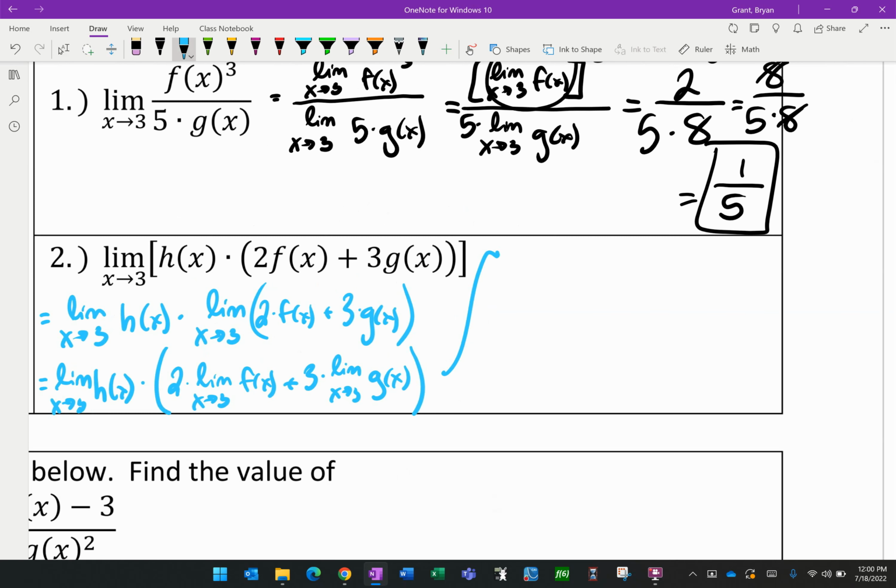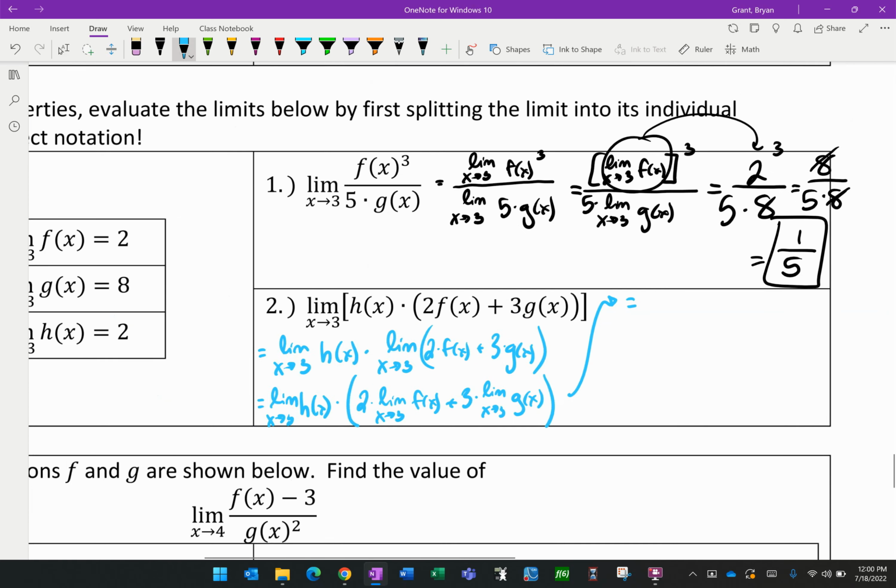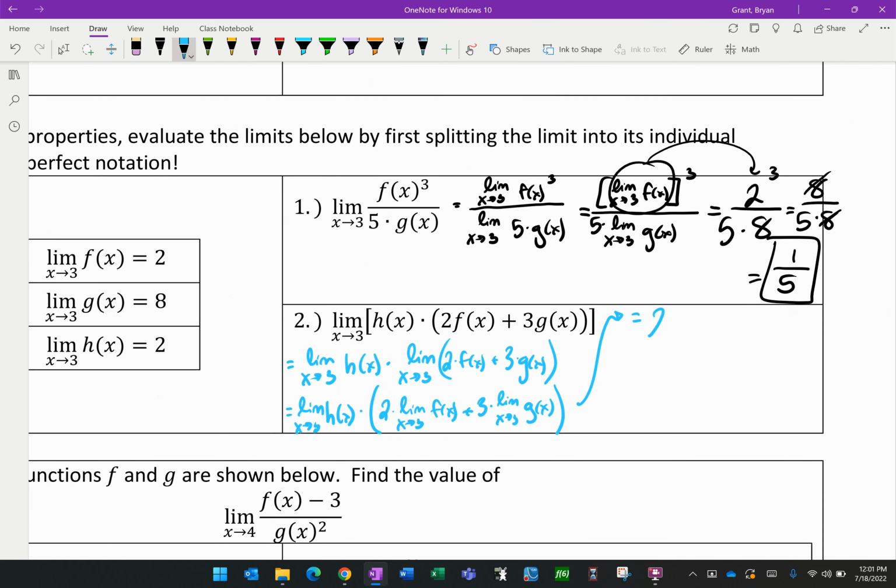So to me, this looks like we can now find the limit as x approaches 3 of h of x, which is 2, and, keeping my parentheses, 2 times the limit as x approaches 3 of f of x, which is 2, plus 3 times the limit as x approaches 3 of g of x, which is 8.